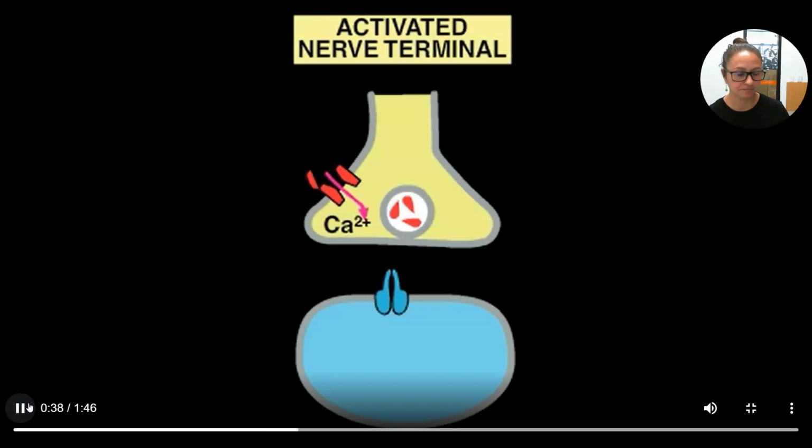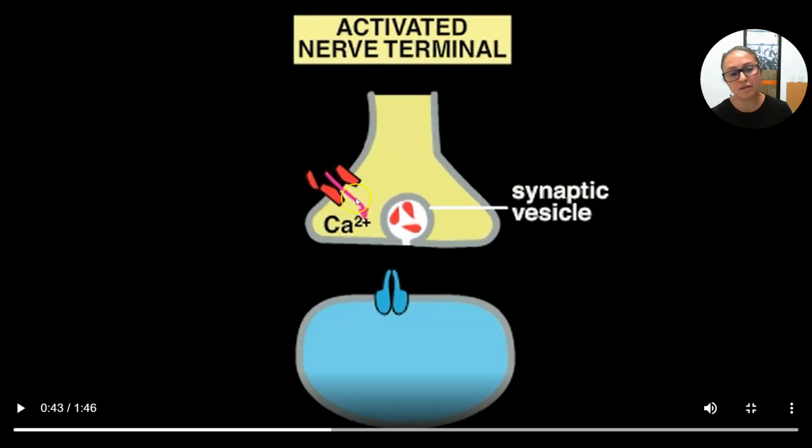The increased calcium in the nerve terminal stimulates synaptic vesicles to fuse with the plasma membrane. All right, so now we've got calcium coming into our axon terminals. As you can see, this is a calcium ion. What that calcium ion does is push these little vesicles out.